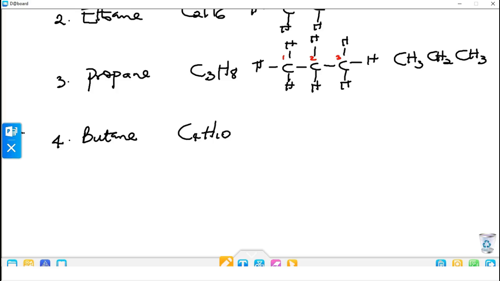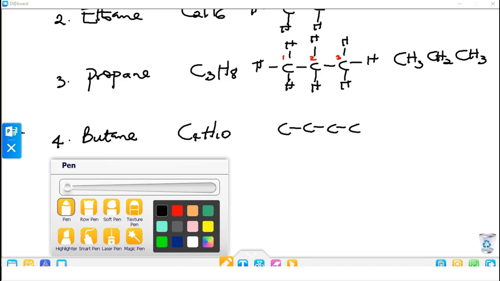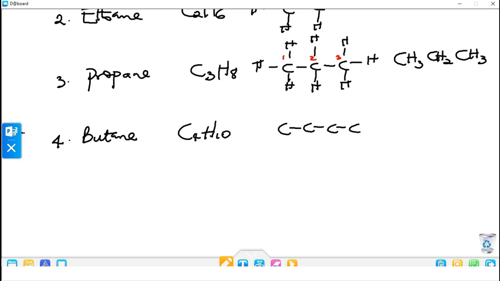So it has 4 carbon atoms. And how will its structure look? Just as we did for propane, let us assume this to be carbon 1, 2, 3, and 4.